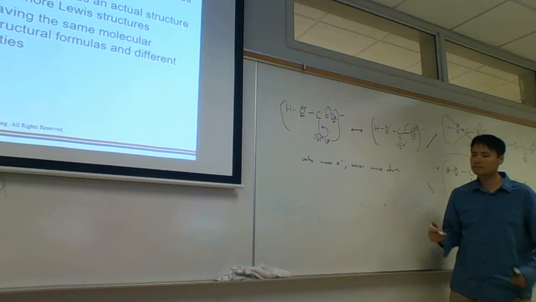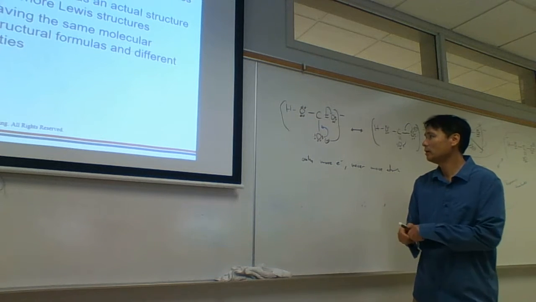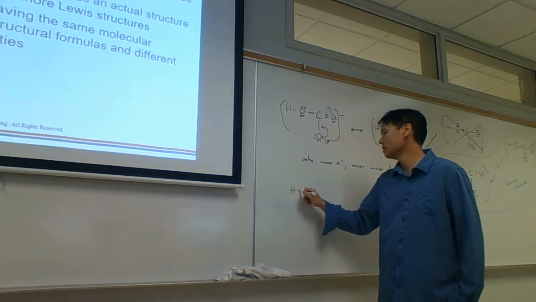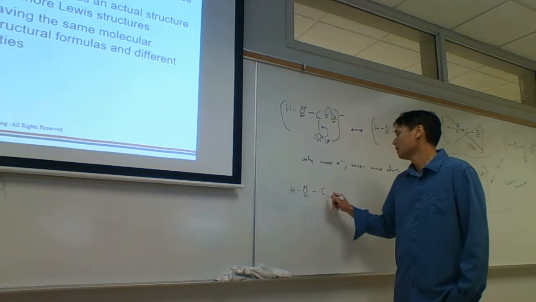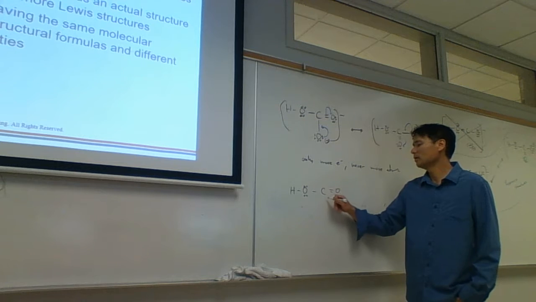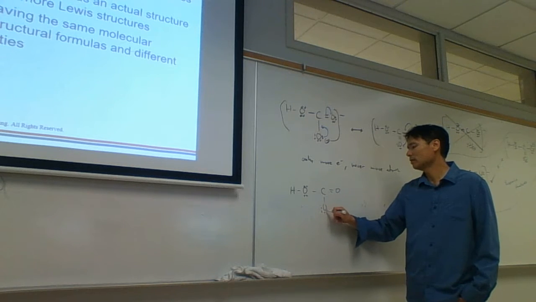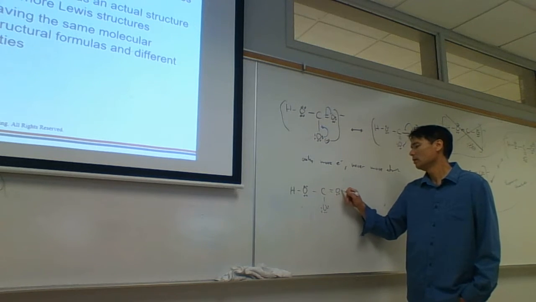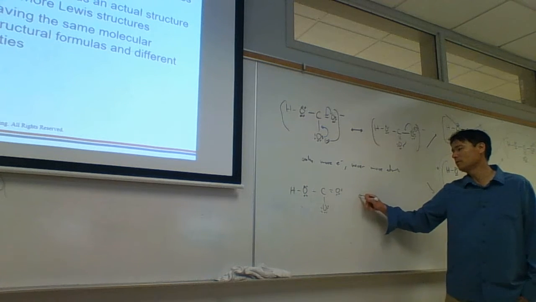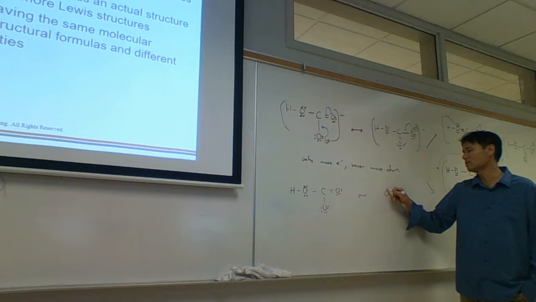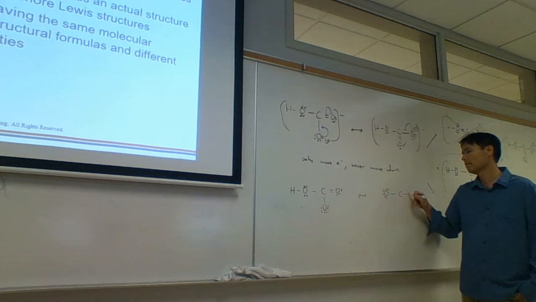We never move the atoms. Sometimes when somebody tries to draw resonance structures, what they end up doing is moving the hydrogen. So when I look at their structures, in one structure they have the hydrogen on the left. And then they try to come up with another resonance form, and in the next resonance form, they move the hydrogen atom to the bottom.